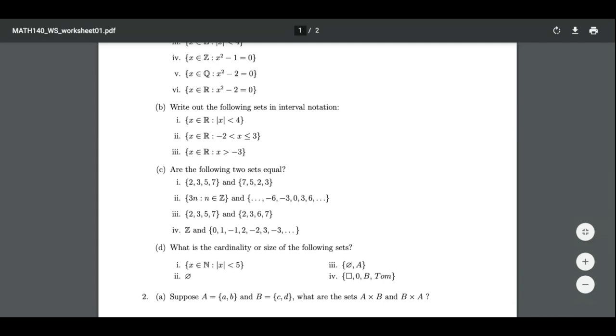Or you can pair up like this, right? 0 is by itself in the middle. Then you have pairs: 1, -1, 2, -2, 3, -3, 4, -4, and so on and so forth. Make sense? Okay. Any other questions?